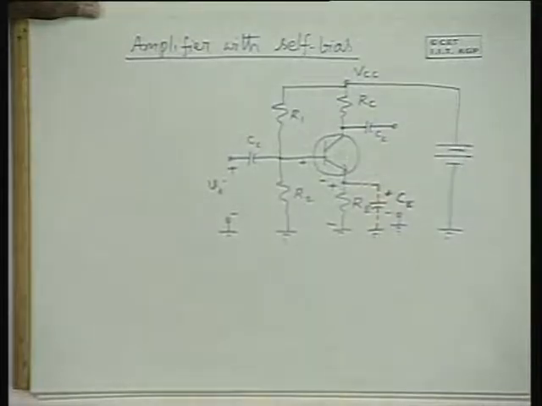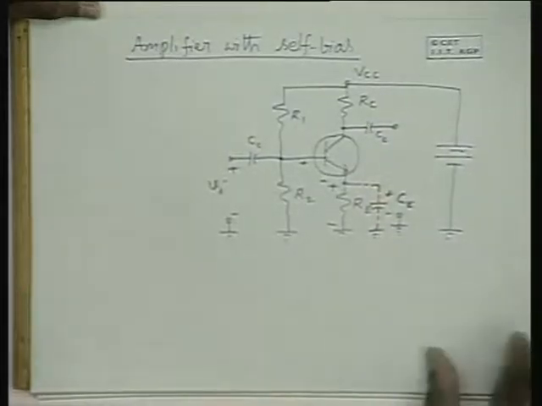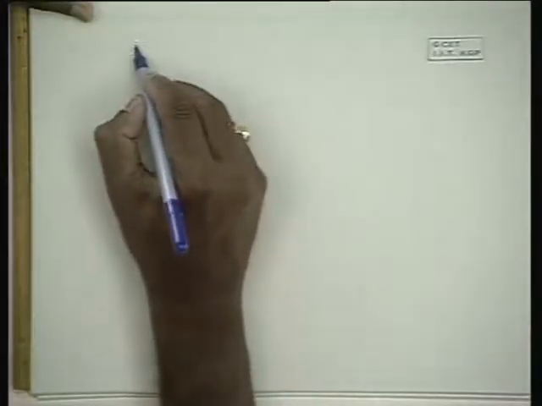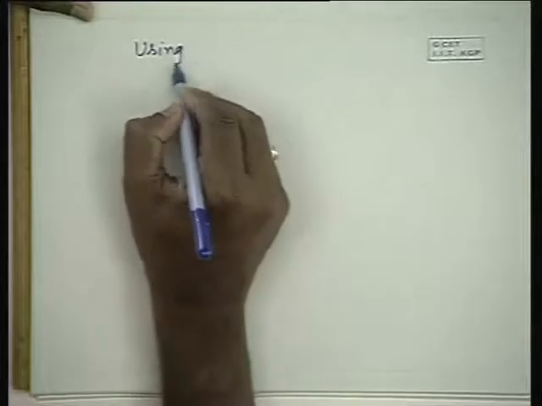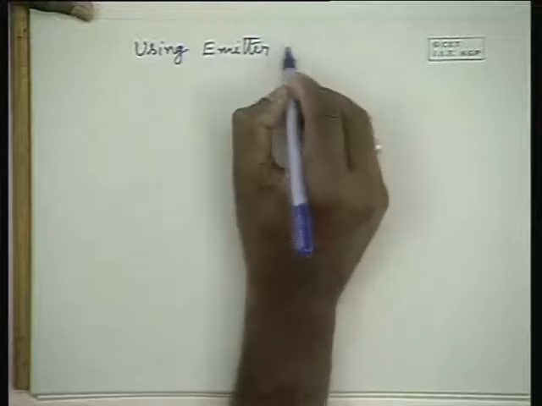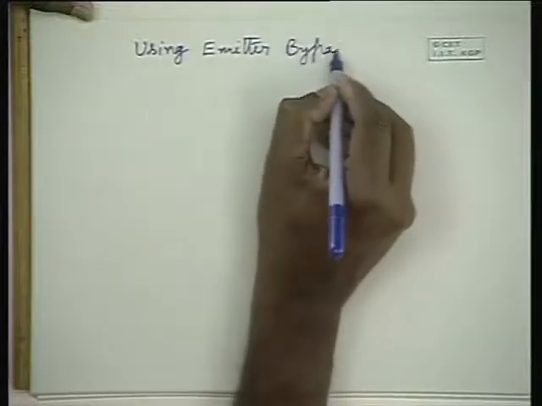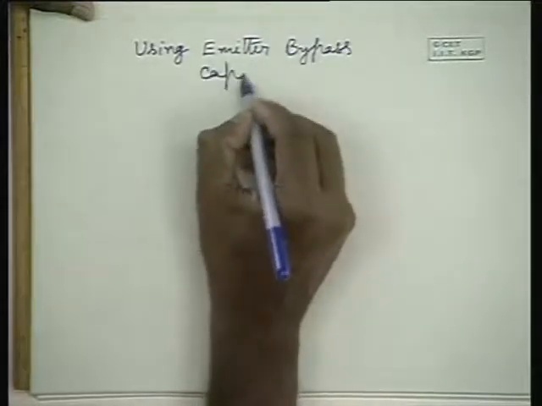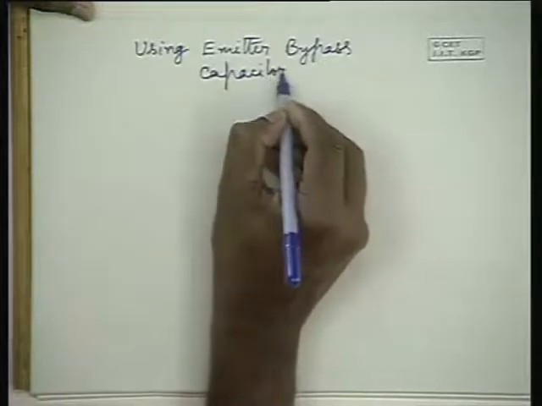So by introducing the emitter bypass capacitance, we can increase the gain.